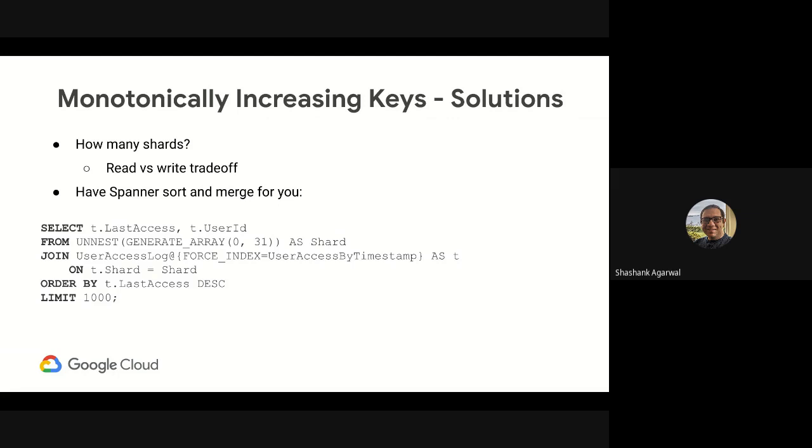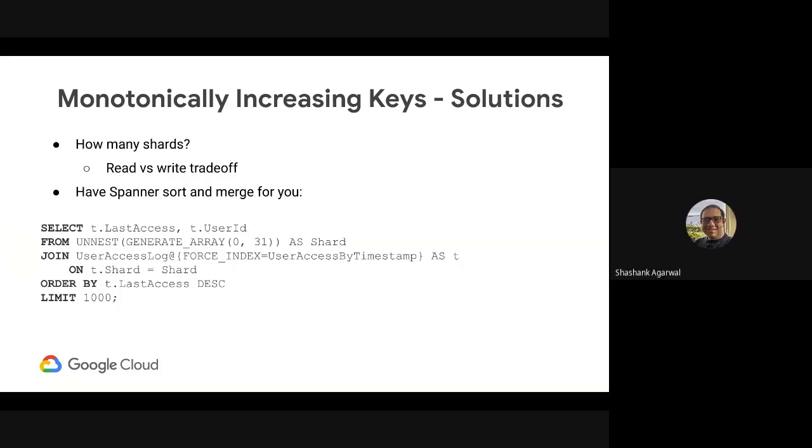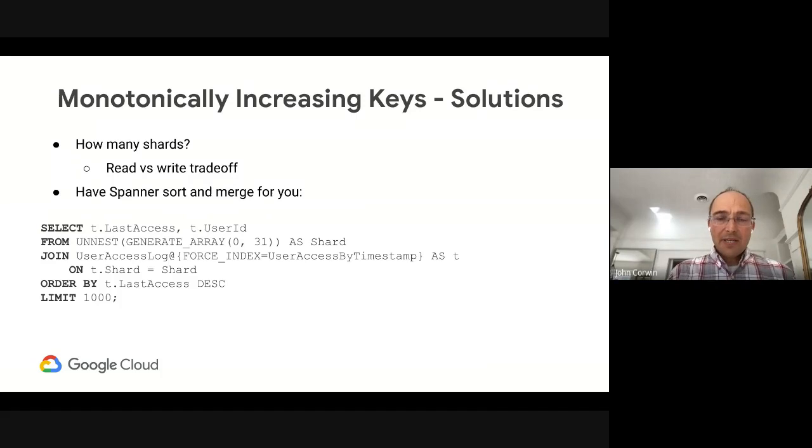So instead of doing an unnest and generate array, if we just plainly do shard ID between 0 and 31 in the single SQL line query, will that be less efficient? That's a really good question. You can look at the query plan for that and make sure that it's doing what you want.